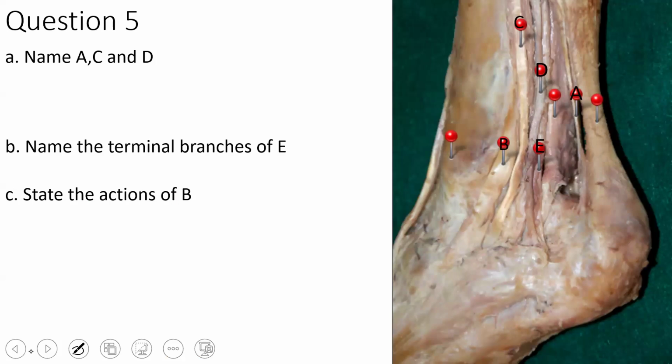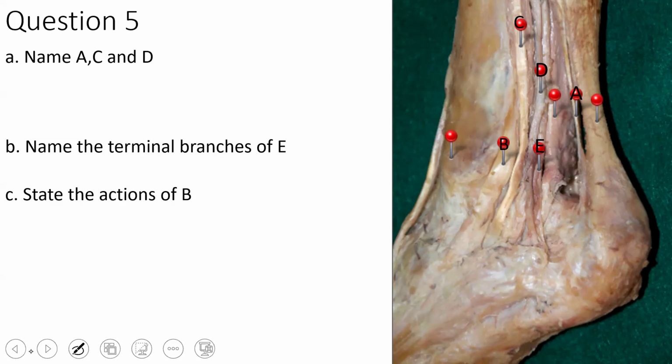Please note, what is the name of this area? The one I'm displaying here. What area is this? Ankle. Very good, Helen. This is your tarsal tunnel. So, question is, do you know structures that traverse the tarsal tunnel?